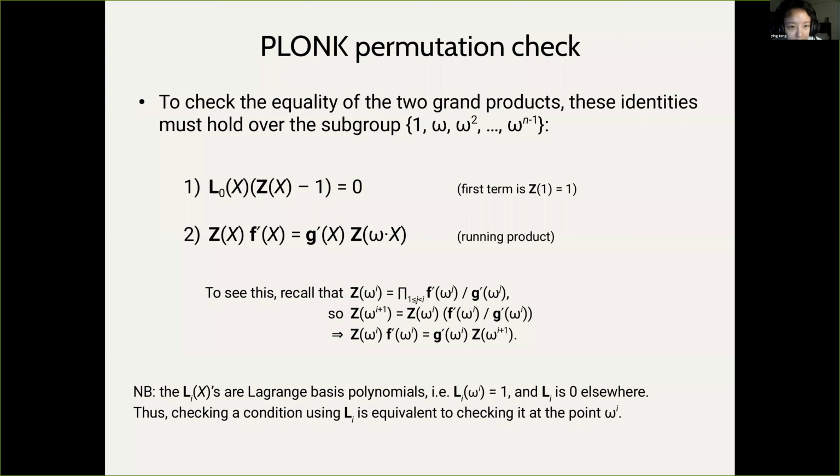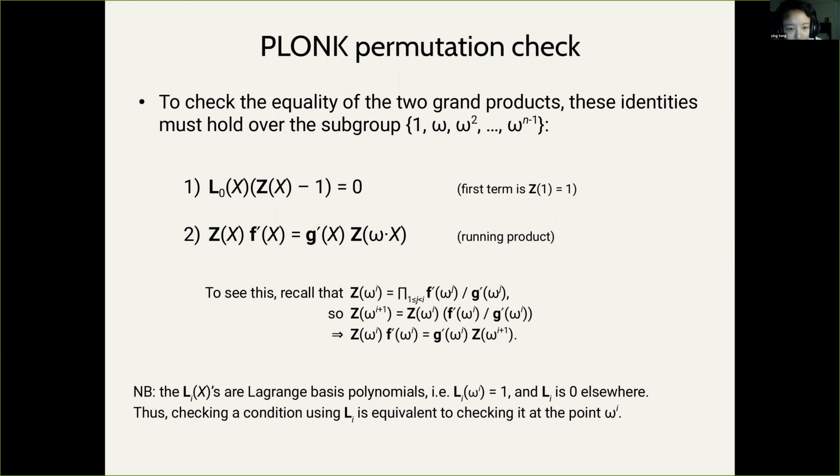So you see over here, we want the first term of Z(x) to be 1. Well, actually, let me explain the second relation first. We want some things to be true about Z(x), right? Looking at the running product, we want Z(x) to be well constructed.